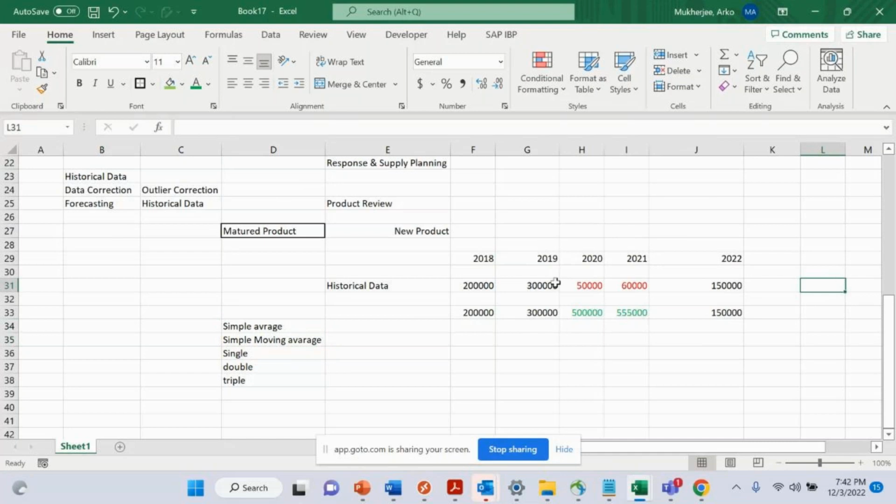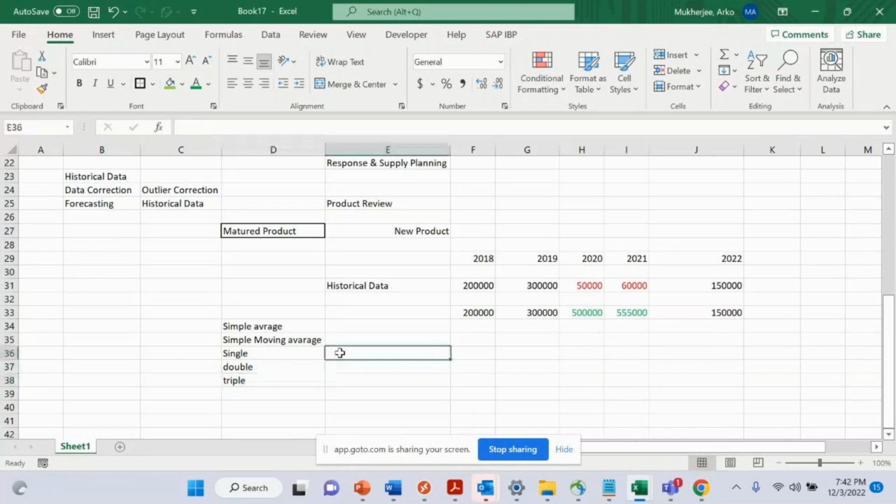But if our business contains any seasonality or any trend, then we go for single, double, and triple. Single is for more mature products where we have a standard history. Double comes with mature, trend and seasonality. Triple comes with the same.